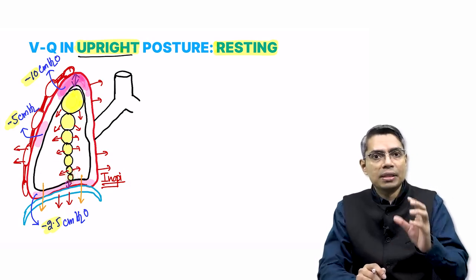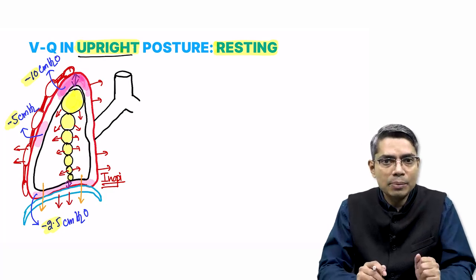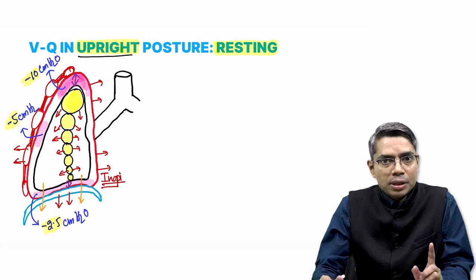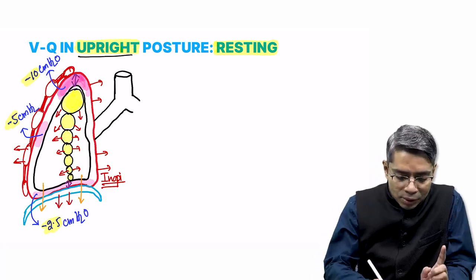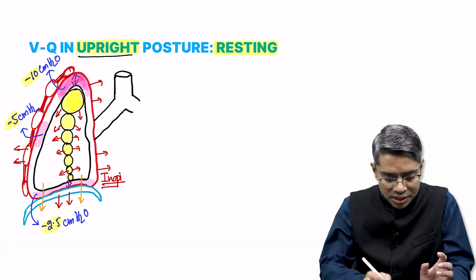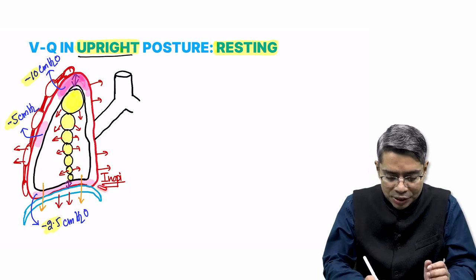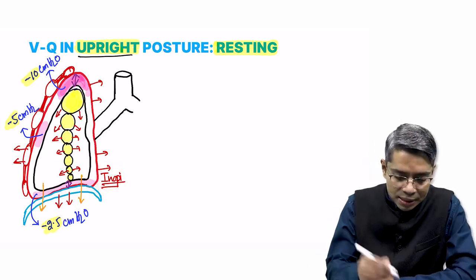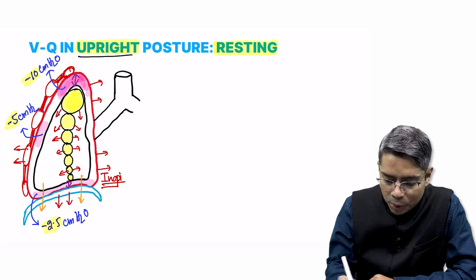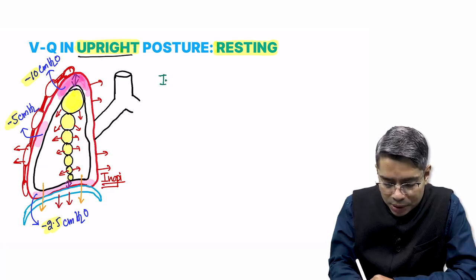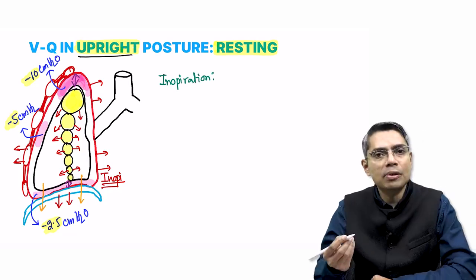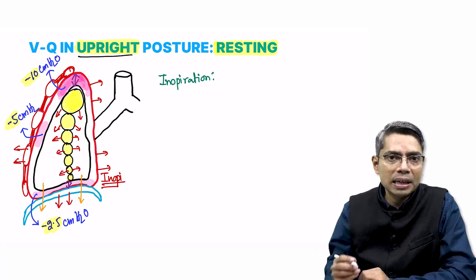So now we have understood that the apical alveoli are going to be less stretched and the basal alveoli are going to be more stretched, or more expanded, during inspiration. So I can easily write down here that during the process of inspiration, whenever the person is taking an inspiration, there will be expansion of both the basal alveoli and the apical alveoli.